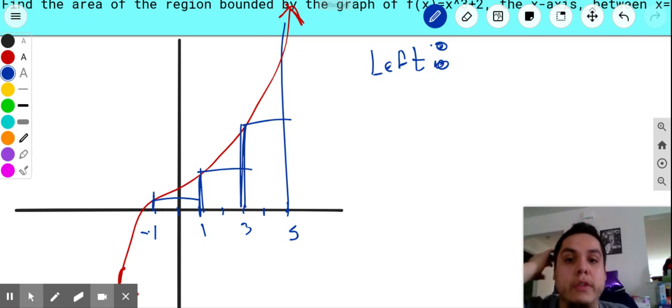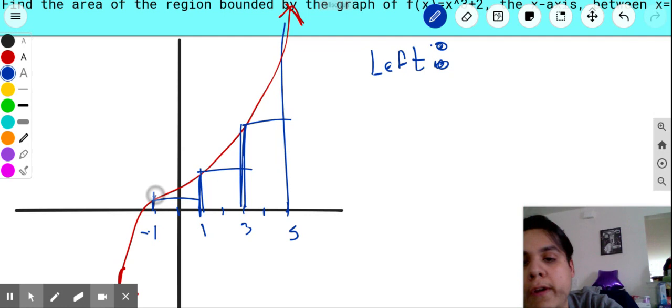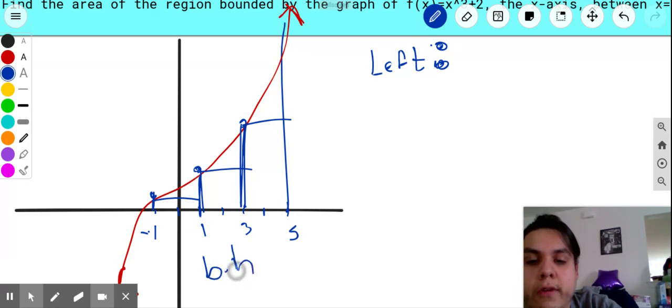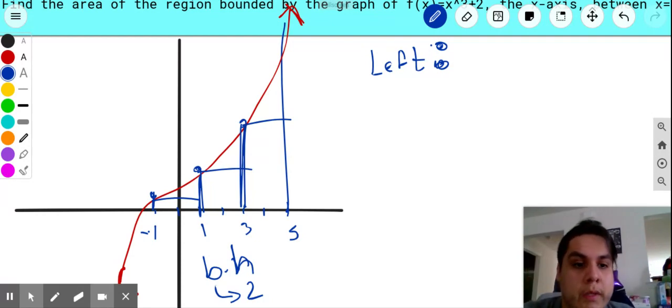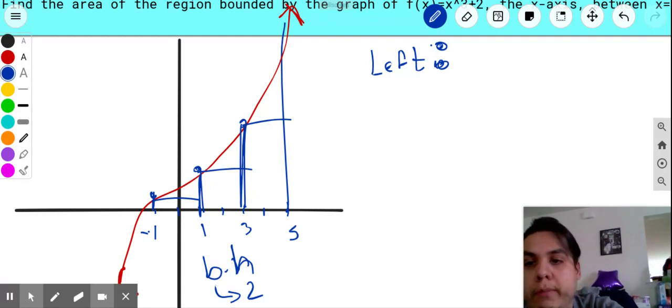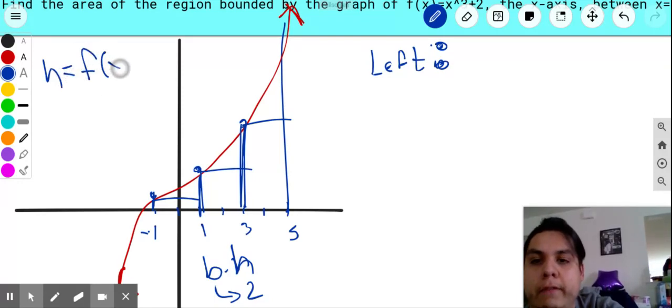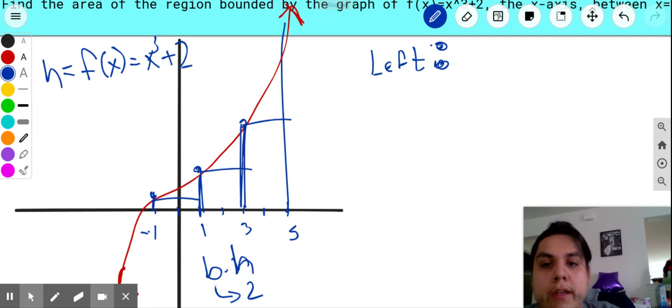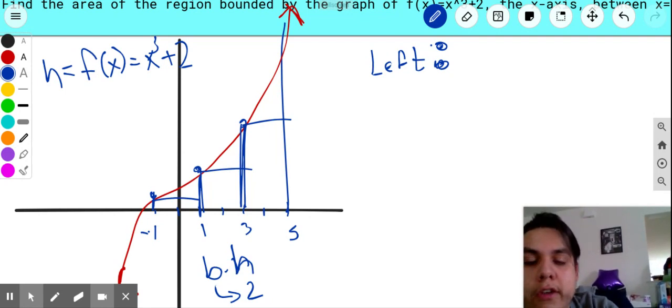So at this point, you should know that I need to figure out the height, because since I'm using a rectangle, it's base times height, and I know that the base will always be 2. So I just need the heights, which are found by f of x, which is x cubed plus 2. Okay, so if I plug in negative 1, -1 cubed is -1 plus 2 makes it 1.